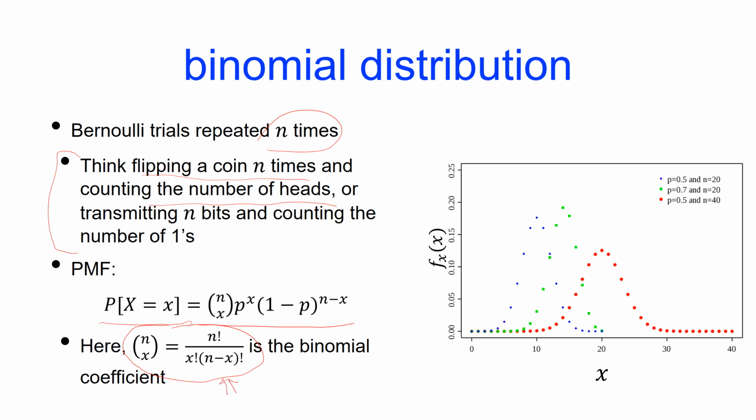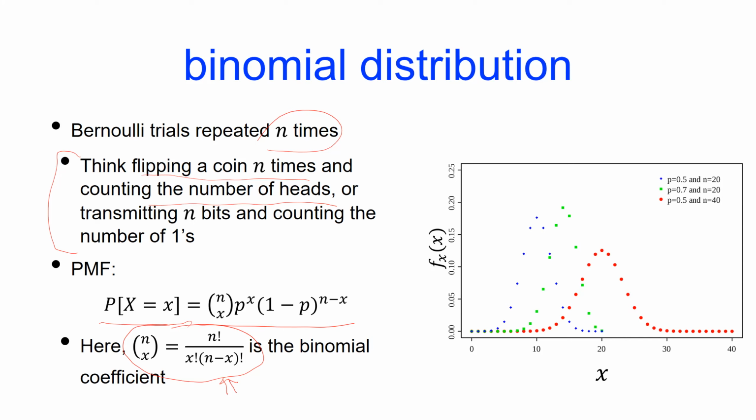It means, let's say I have n coins. What is the number of ways to choose x of them out of my n coins? Let's say I put n coins on the table and I ask you to take x of them. How many ways do you have to take this?